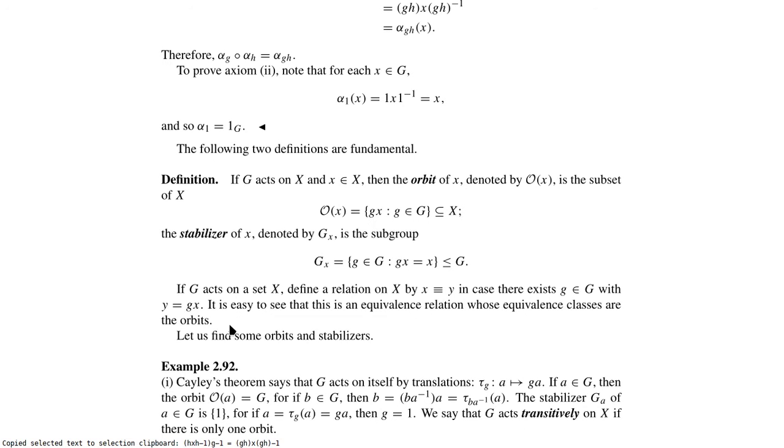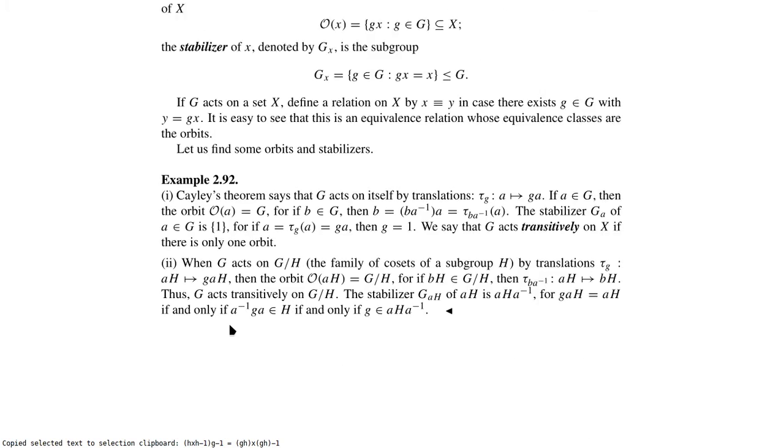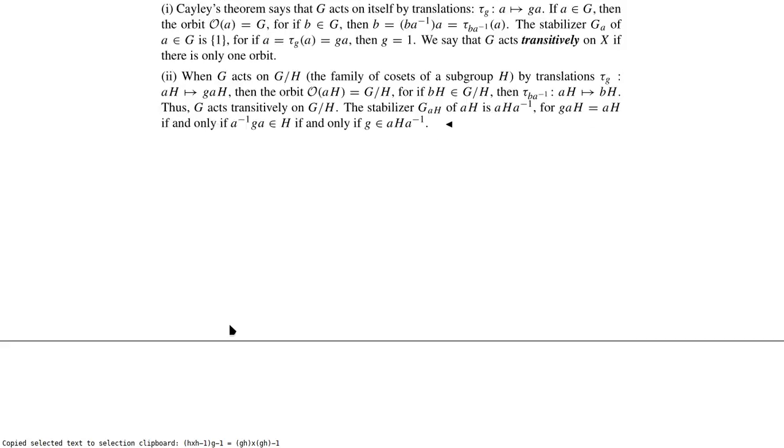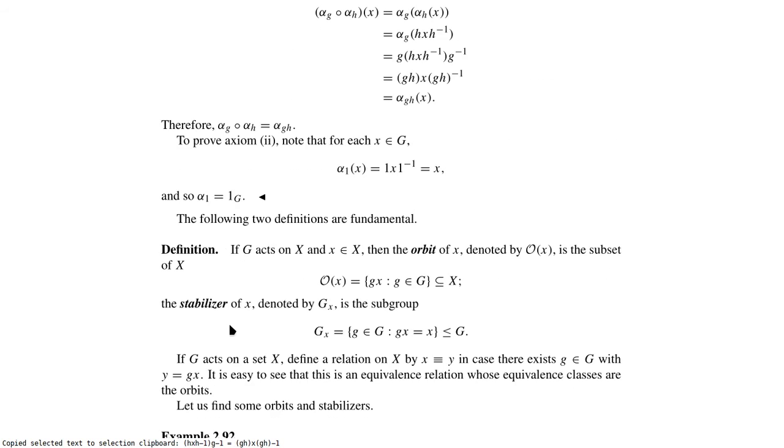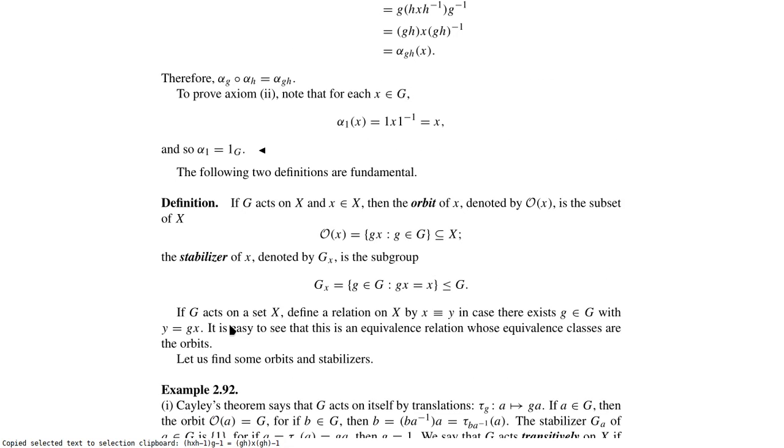So we have the following two definitions and then a few examples relating to the definitions. Let's see. The definition is that of an orbit. If G acts on a set X, and you have an element x from the set, then the orbit of the element is going to be this subset of X, defined like this.